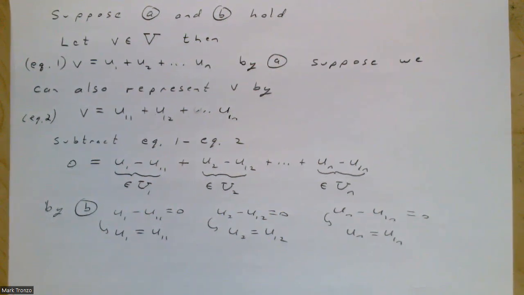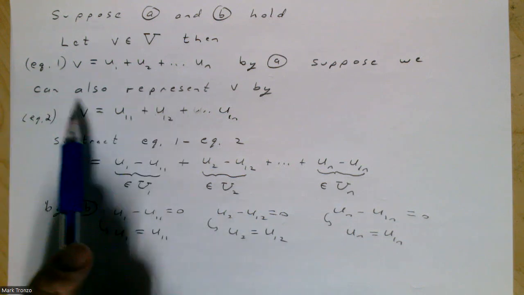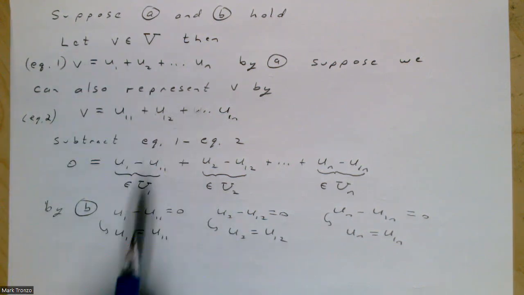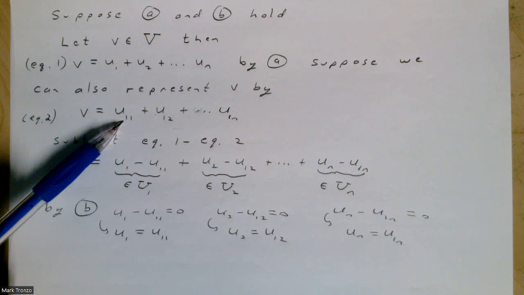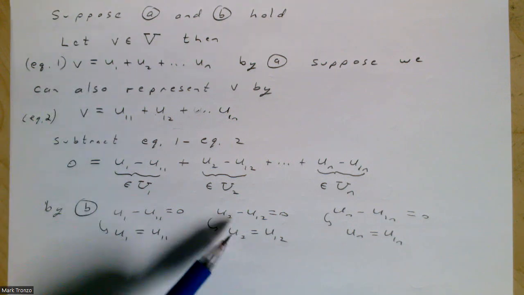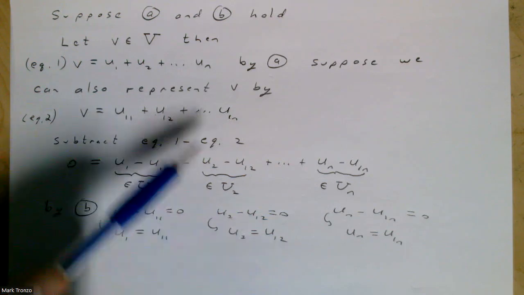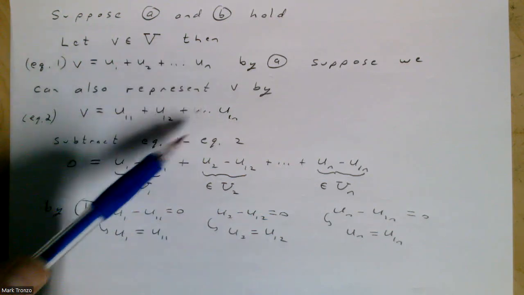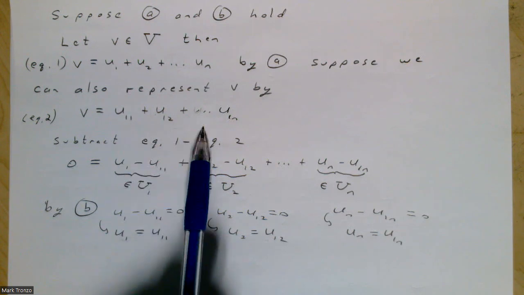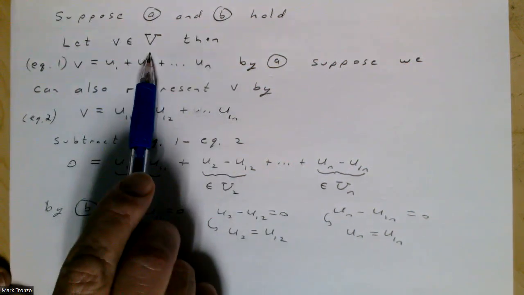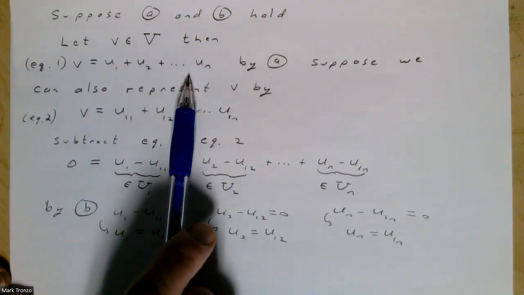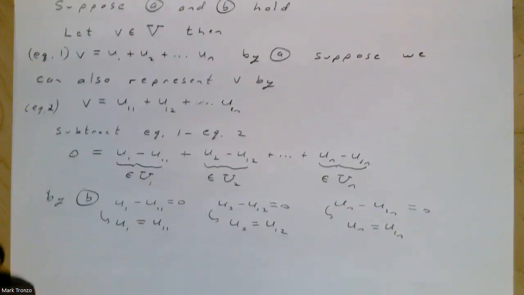And so that means that equation 2, which was supposedly another representation of a given vector V, we represent this way, but actually this U11 is equal to U1, same as this. U12 is equal to U2. So the representation was not different, but this representation was exactly the same as this. So therefore, for any vector, we just picked the typical vector in V, and we were able to show the representation was unique.